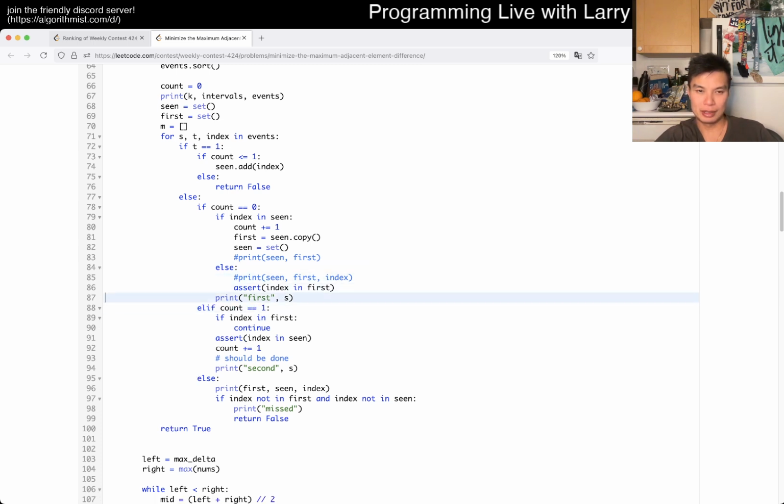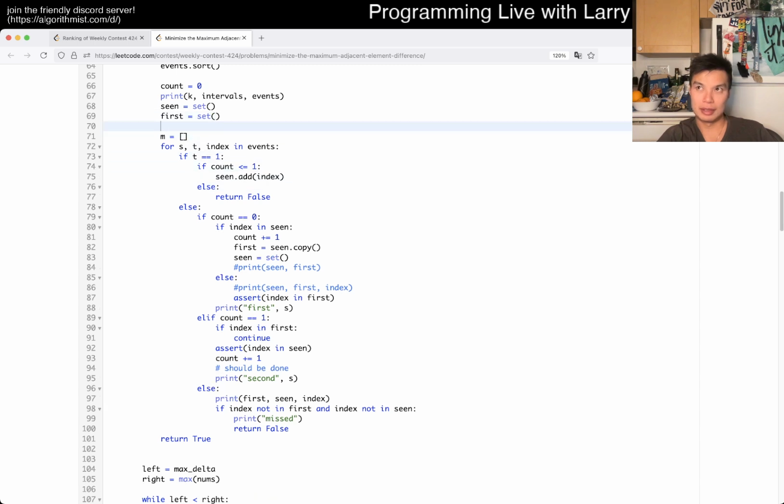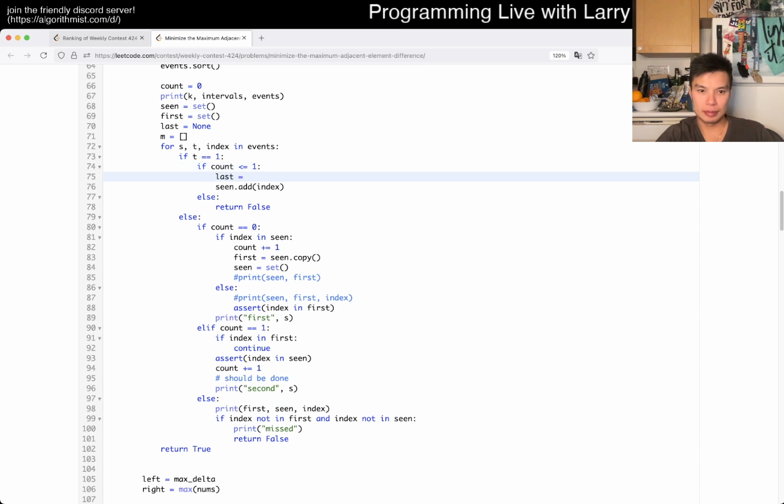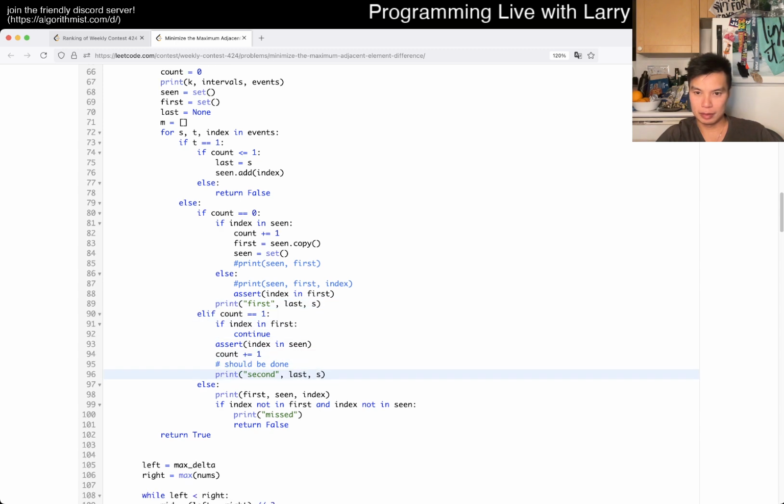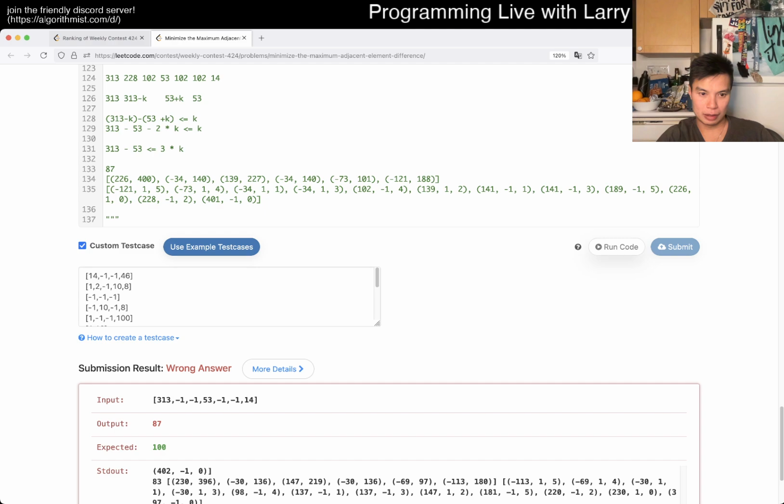First is S, but then now the last number added, right? Maybe that helps. Let's see.